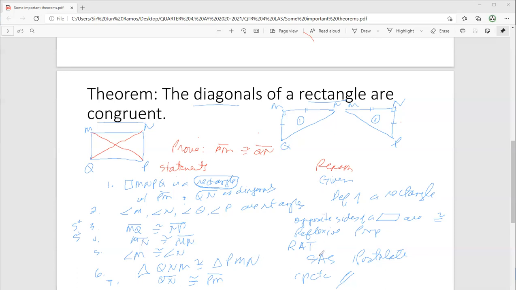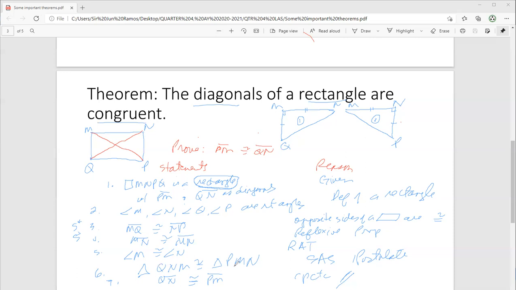So remember these theorems that we've been using. Right angle theorem means any two right angles are congruent. Then we can have the congruence, and we have SAS postulate. Make sure that the congruence correspondence is correct.